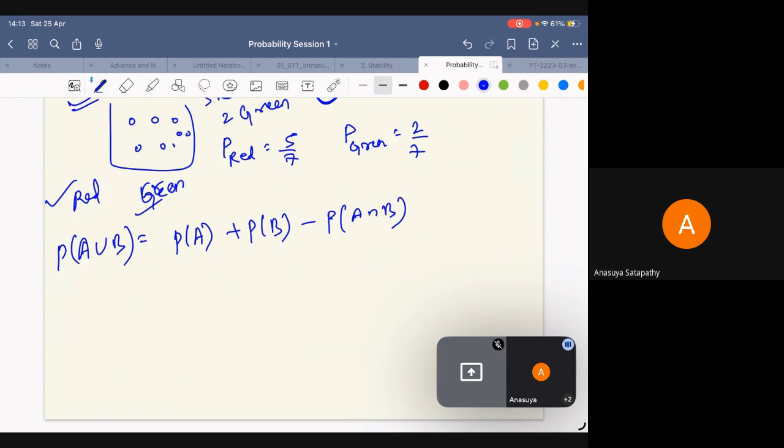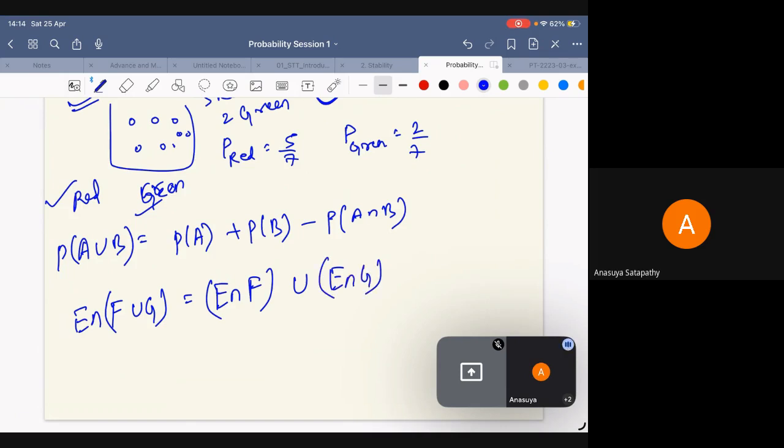For example, there is a set E, F, G. So E intersection (F union G). I can apply the distributive law and write (E intersection F) union (E intersection G), right?